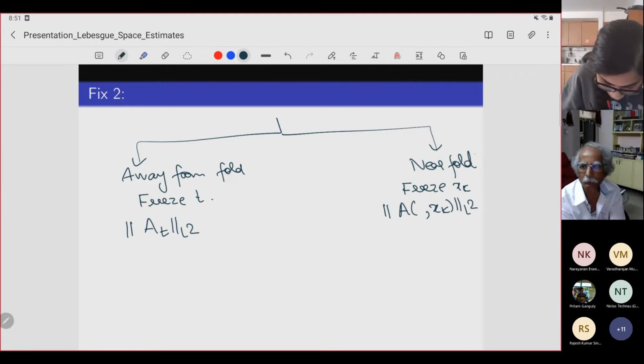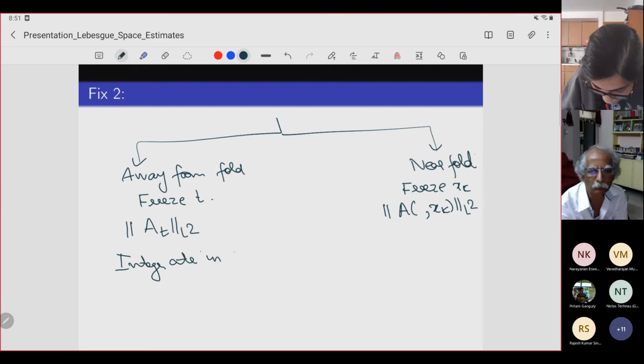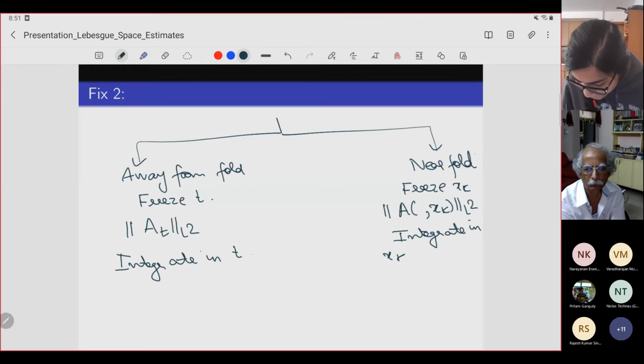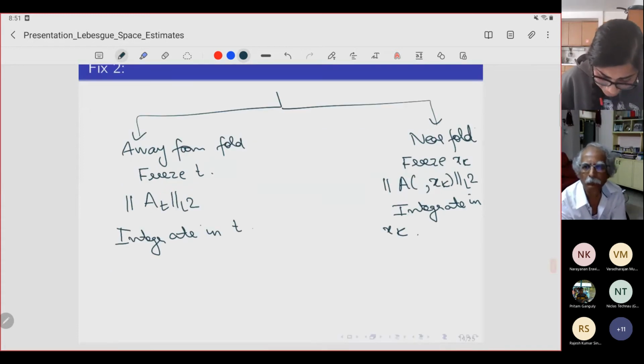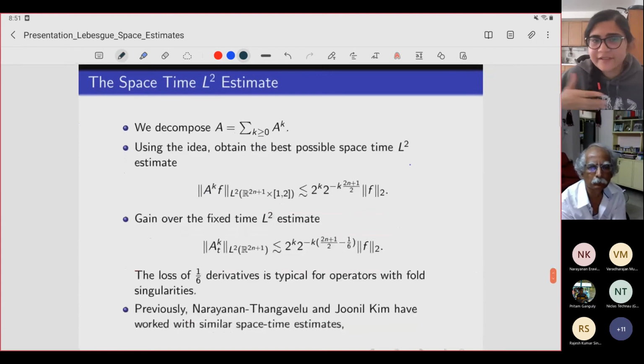And then in the end, you will integrate in t, but here you will integrate in the x kappa, and a priori by some partition of unity, you can assume that x kappa lies in some compact set. So this is the idea. And when you use this idea, you actually get the exact L2 estimate that makes things work.